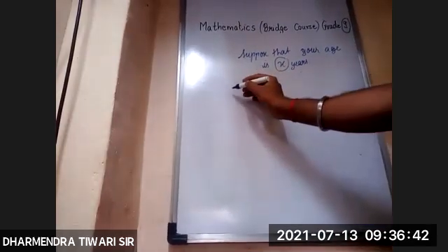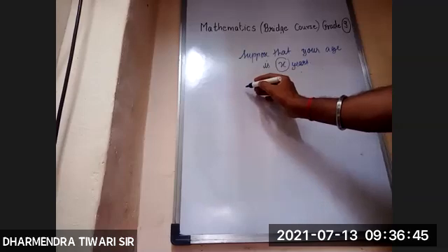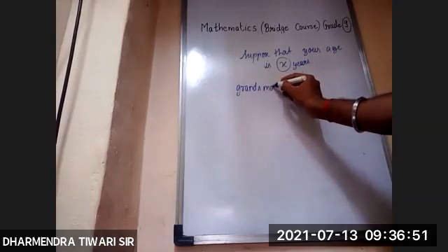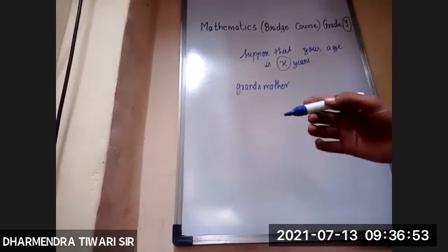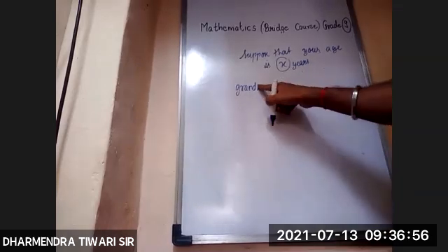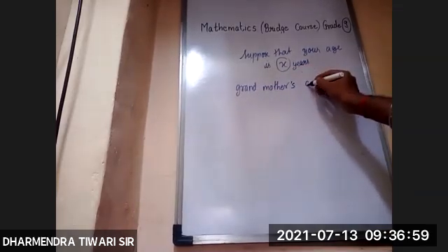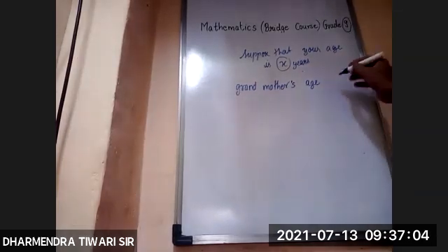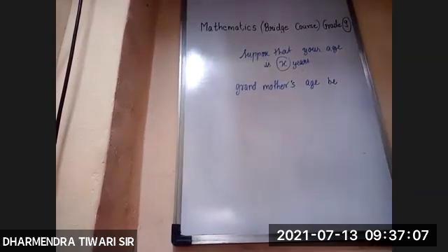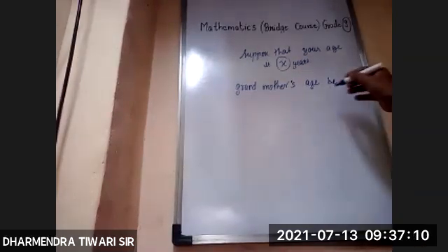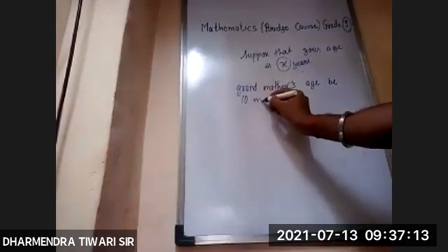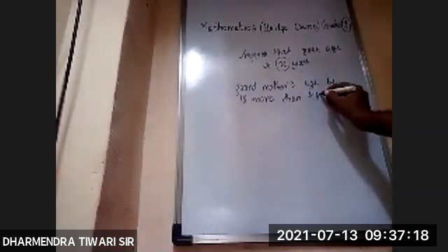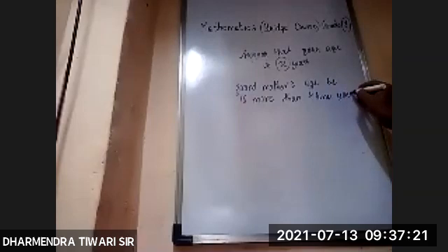Now let grandmother's age be 10 more than 4 times your age. 10 more means plus 10.